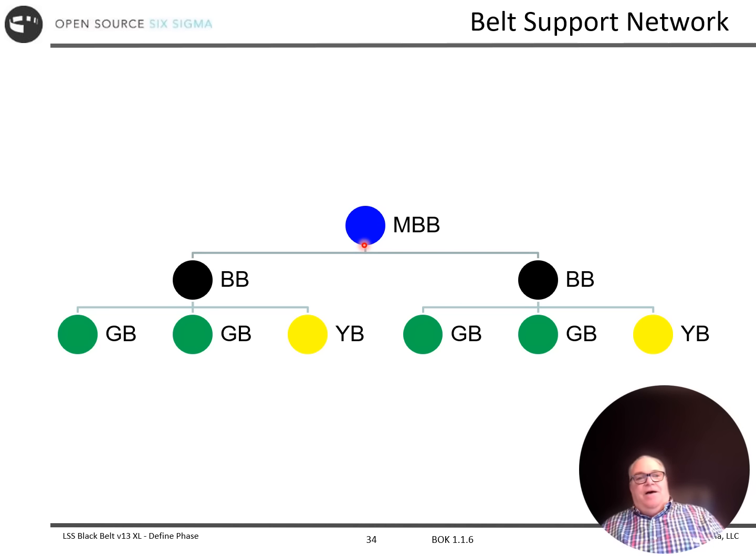As a master, I might have 10 black belts that I'm helping mentor, train, bring up to my level. Each black belt might have 10 green belts that are in their portfolio. So you have 10 to 1, 10 to 1.